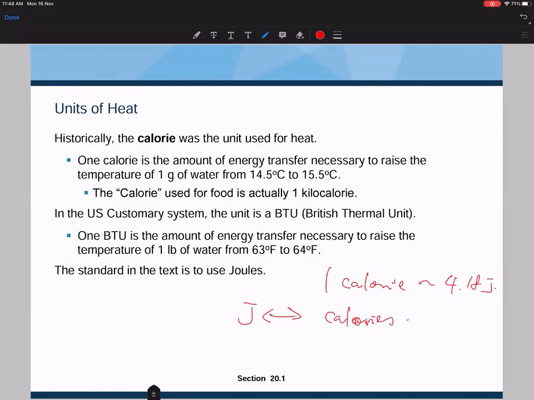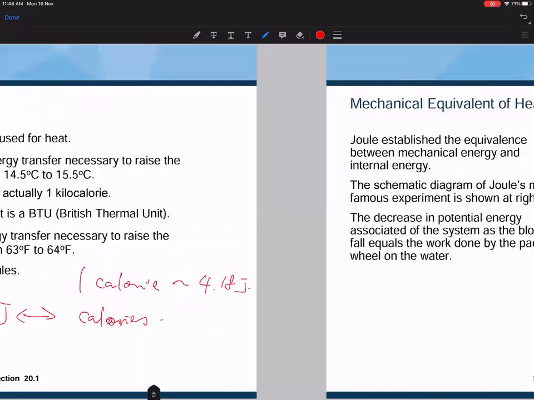So you do not need to remember the numbers. It will always be given in the test or in the examination, but that is just for your reference. It refers to the heat energy required to change the temperature of 1 gram of water by 1 degree Celsius. That is an old unit, but it is still commonly used these days.